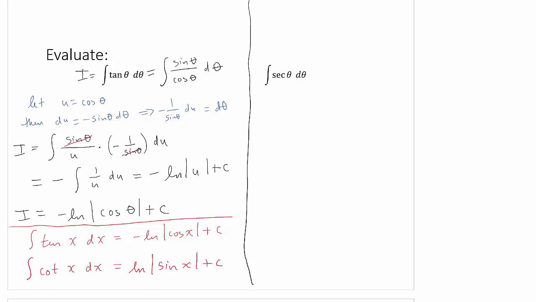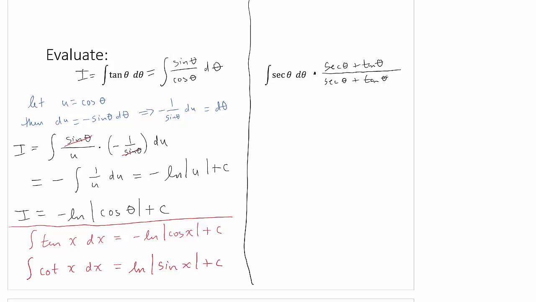Now, to find the antiderivative of the secant function, we have to use a nasty trick. The trick is I'm going to multiply by an interesting quantity, secant theta plus tangent theta over secant theta plus tangent theta.